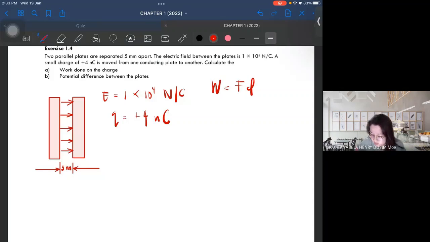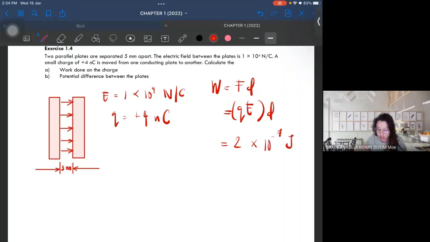Remember, force equals QE. This is for a uniform electric field. So just substitute, and you should get 2 times 10 negative 7 joule.